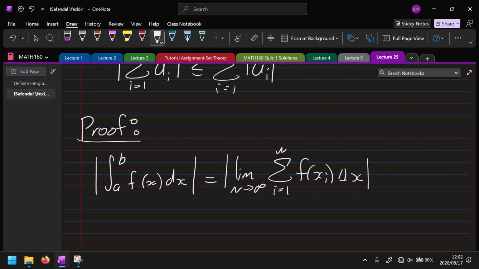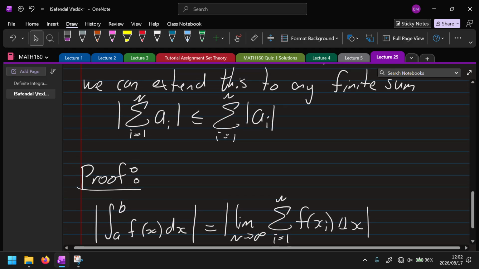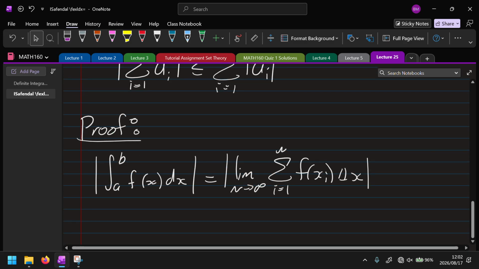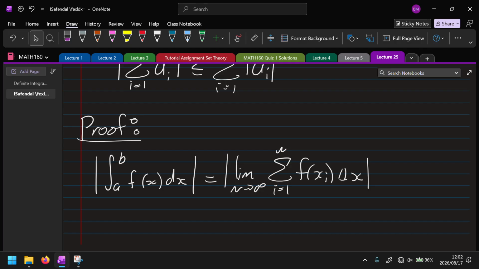Now, the triangle inequality, as we had over there, works for finite sums from 1 to n. Over here, we have an infinite sum because n is going to infinity. So inside the absolute value, we don't want the limit; we just want the normal sum. So we want to take the limit outside of the absolute value. What tells us that that is okay to do?